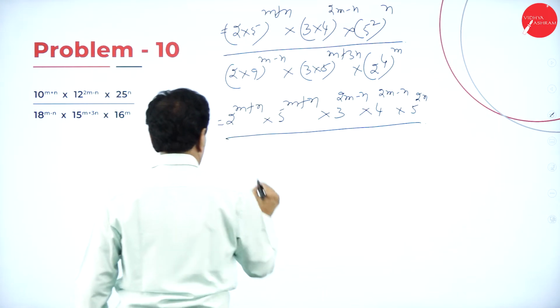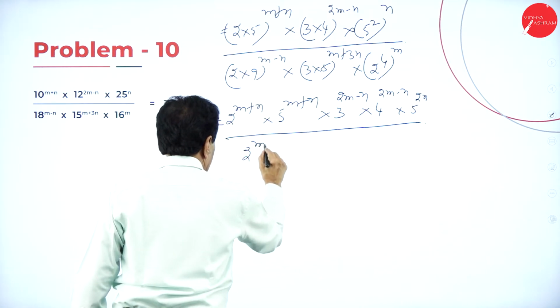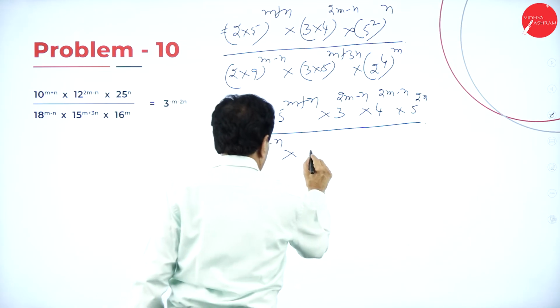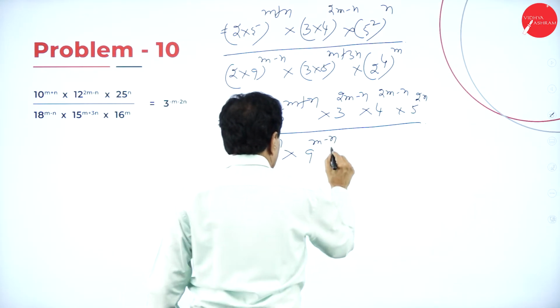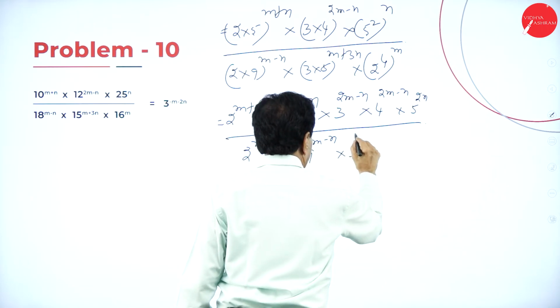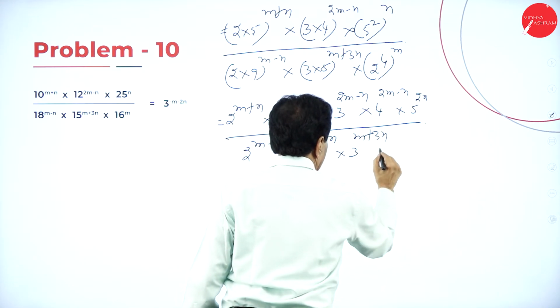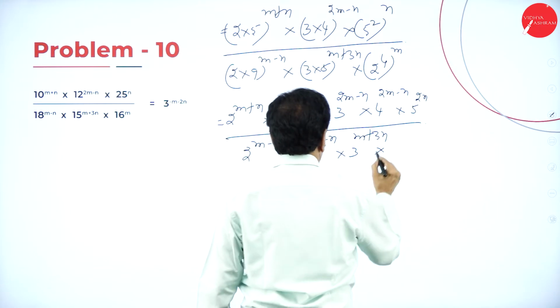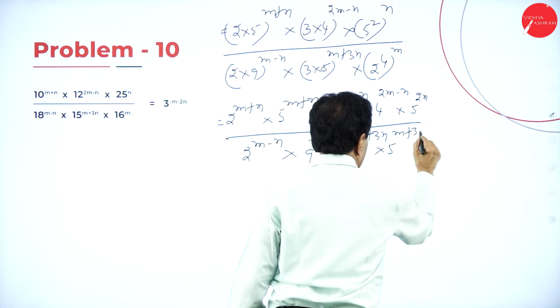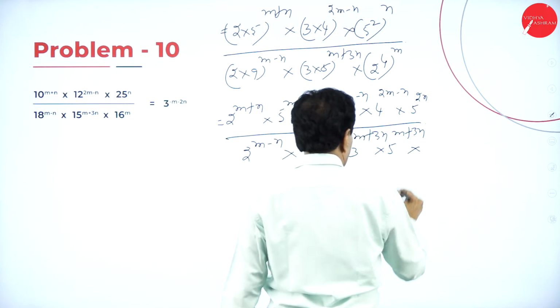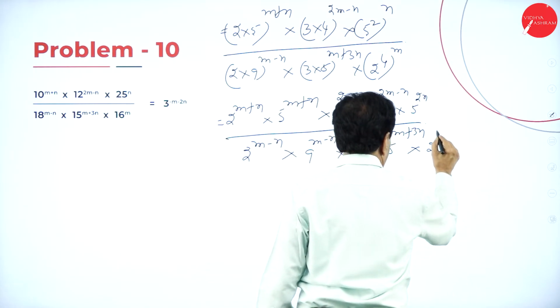This is 2 to the power of m minus n, 9 to the power of m minus n, 3 to the power of m plus 3n, 5 to the power of m plus 3n, 2 to the power of 4m.